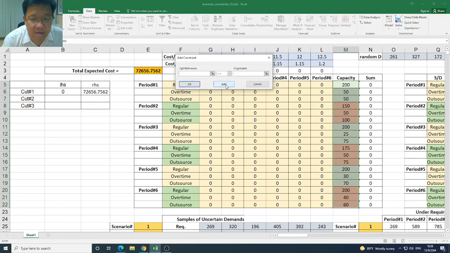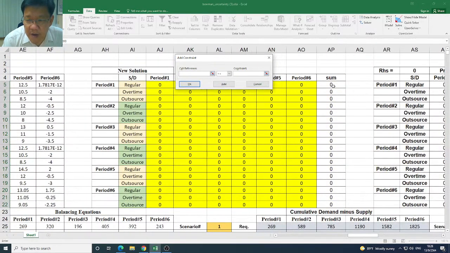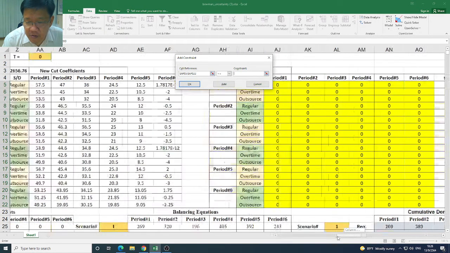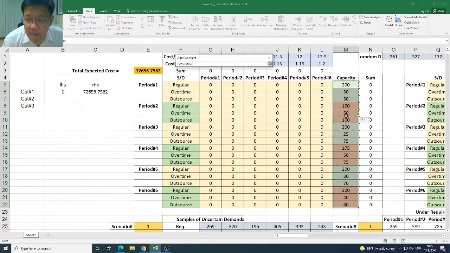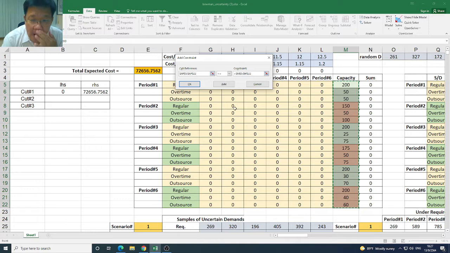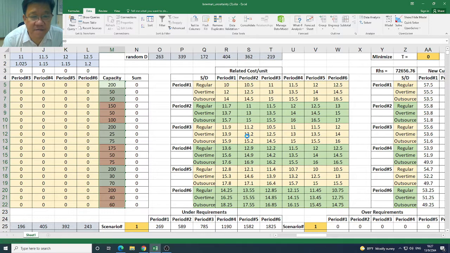And then the second constraint type is that the summation here is less than or equal to the capacity here. Then we type it in, and we're using the simplex LP, and we're ready to run. We solve it.